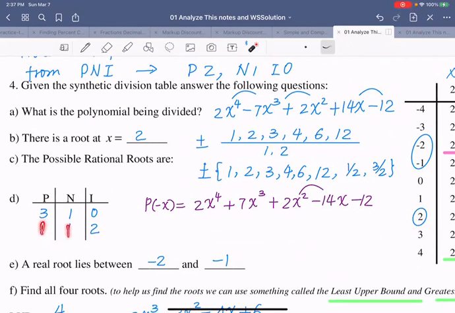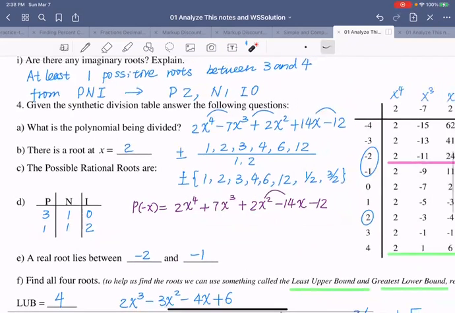So this is 1, 1, 2, which equals 0. That means you could have 1 positive root, 1 negative root, and 2 imaginary roots. Or you could have 3 positive roots, 1 negative root, and no imaginary roots. Okay? Makes sense, right?